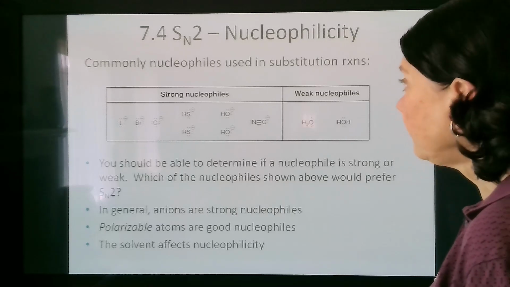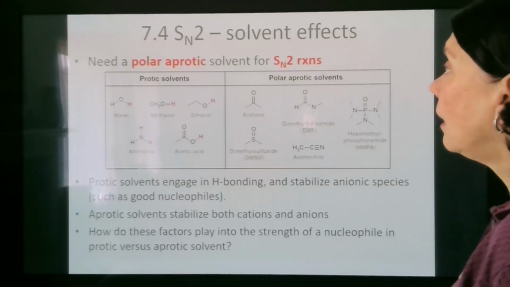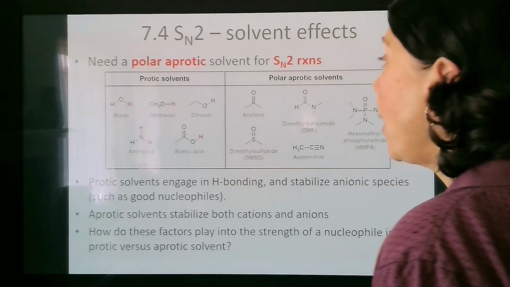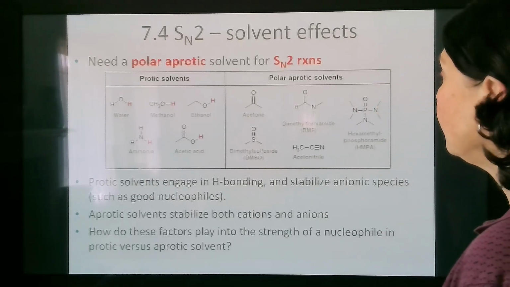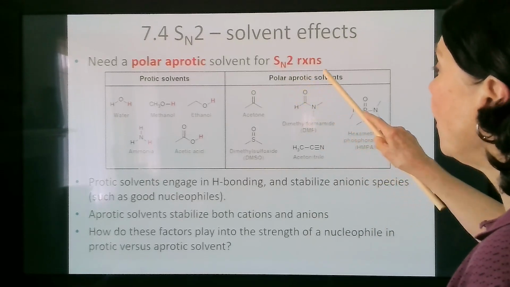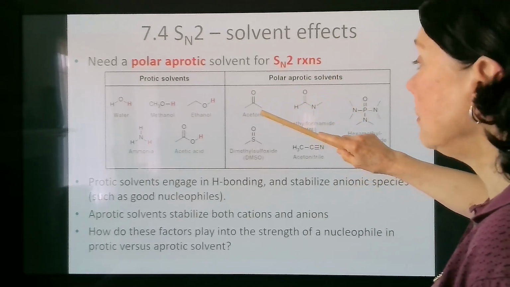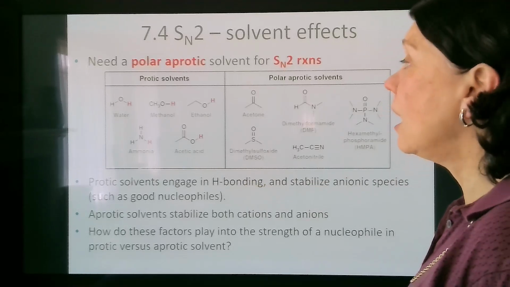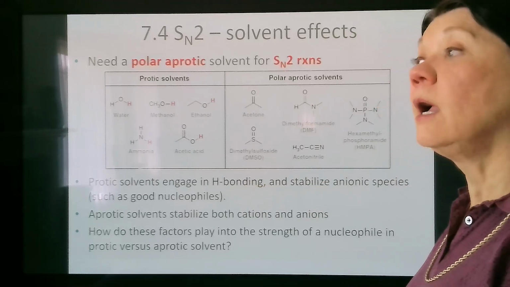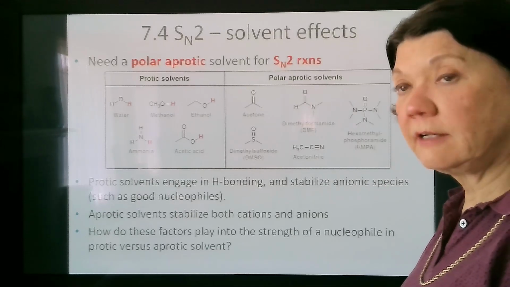So, you're going to need a polar aprotic solvent for SN2 reactions. Why is that? A polar aprotic solvent is one, remember, that has no hydrogens attached to highly electronegative atoms.